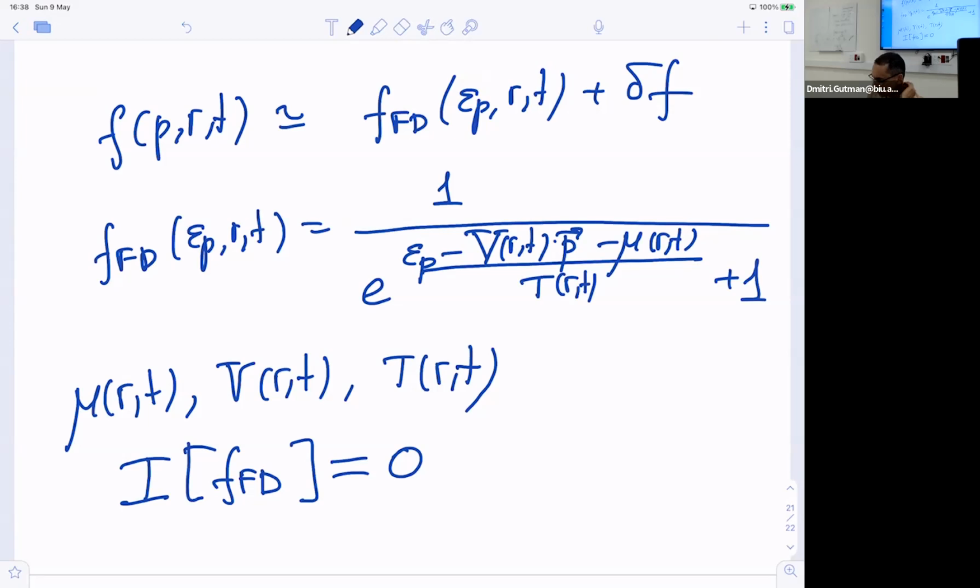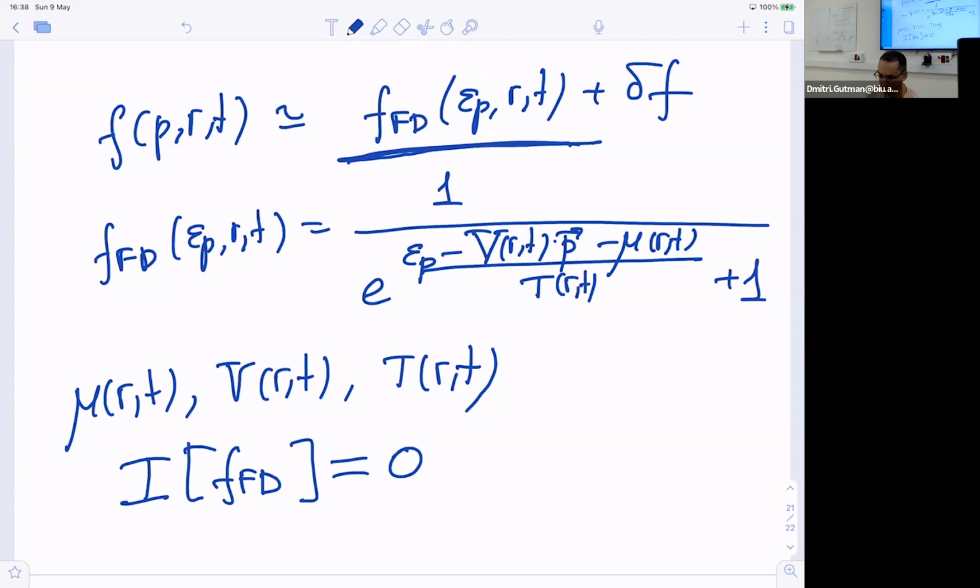Now what we can do is say, okay, in the leading order, let us only look at this part of the Boltzmann equation. Let us assume that the distribution function is effectively the locally equilibrium distribution function and ignore small corrections. Then we parameterize this solution by three classical fields: boost velocity, chemical potential, and temperature.